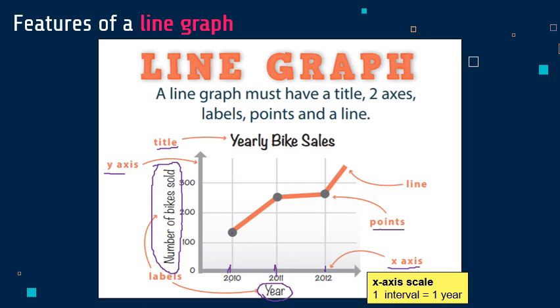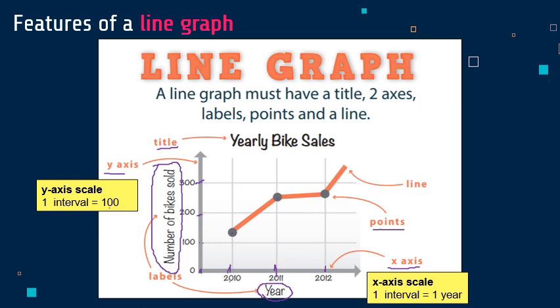So 2010, 2011, 2012. But on my y-axis, I start from the point of origin, which is 0, and it goes up by 100. So one interval equals 100. And we're talking about number of bikes sold. So it's 100 bikes, 200 bikes, 300 bikes. And that's my line graph.